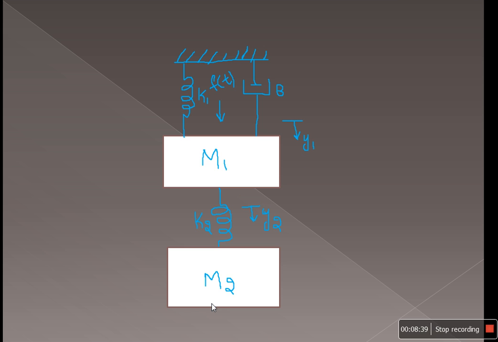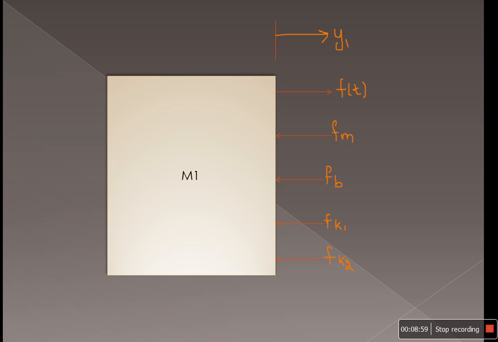We also have one more opposing force, the opposing force due to M2, represented by Fm2. Fm2 is directly proportional to the acceleration, so Fm2 equals m2 into d square y2 by dt square.